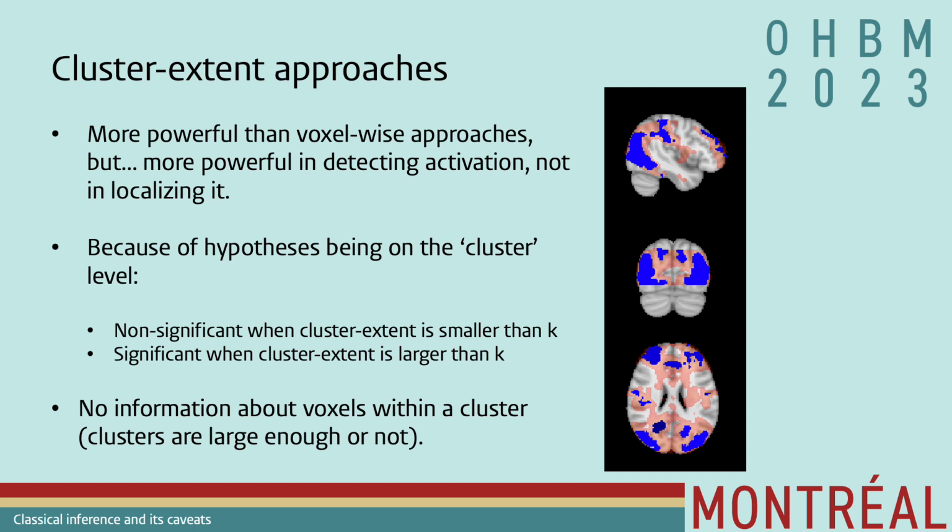This is because the hypothesis is on the cluster level. Namely, we call a cluster non-significant when the cluster extent is smaller than a value K, and we call it significant when the cluster extent is larger than a certain value K. So no information about the voxels within a cluster is there. The clusters are either large enough or they are not.